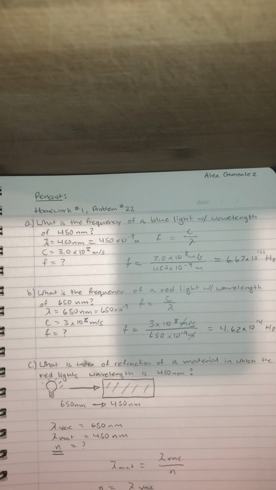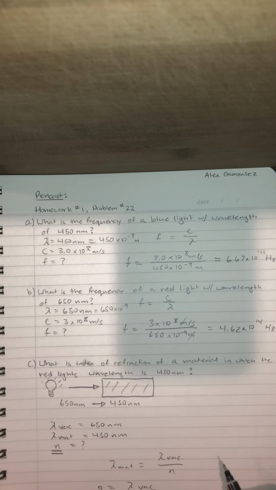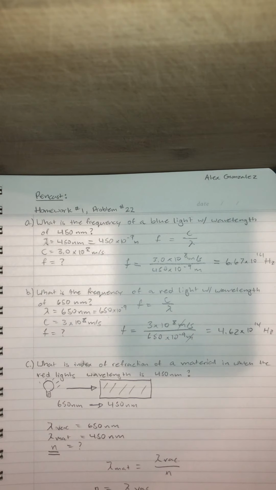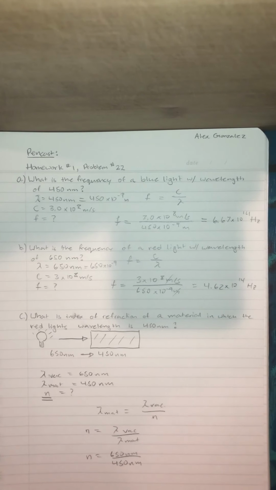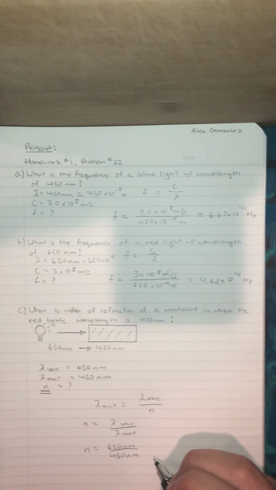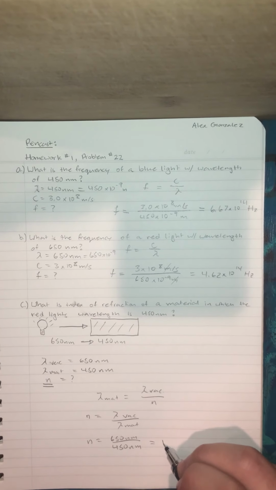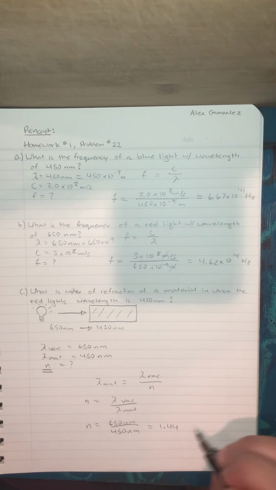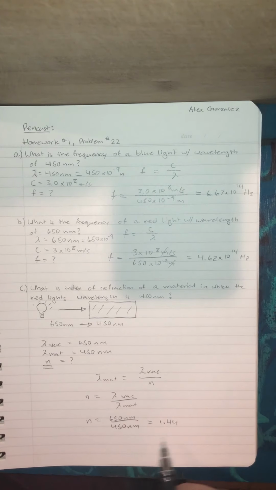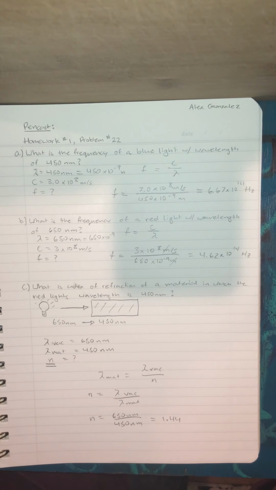And our units are already the same, so we don't have to convert. Okay, and from here, we just solve, and we get 1.44 for our index of refraction. And that's it for problem number 22.